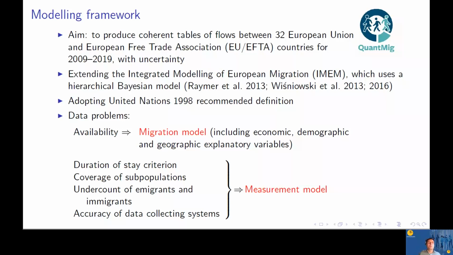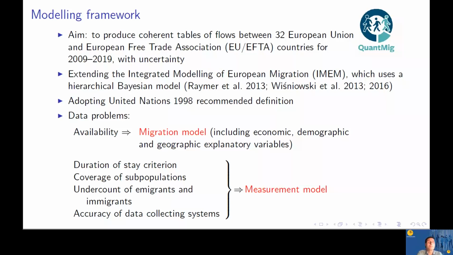And because we're trying to provide estimates of these flows, we know there's going to be some uncertainties in these measurements. We're going to use and extend a model previously developed for similar flows from a period up to 2008, the Integrated Modeling of European Migration, IMEM project.